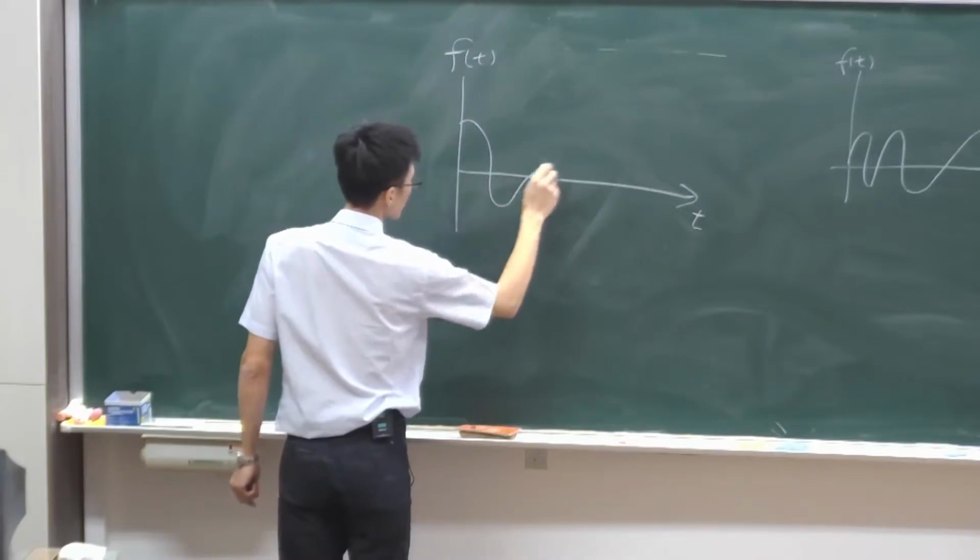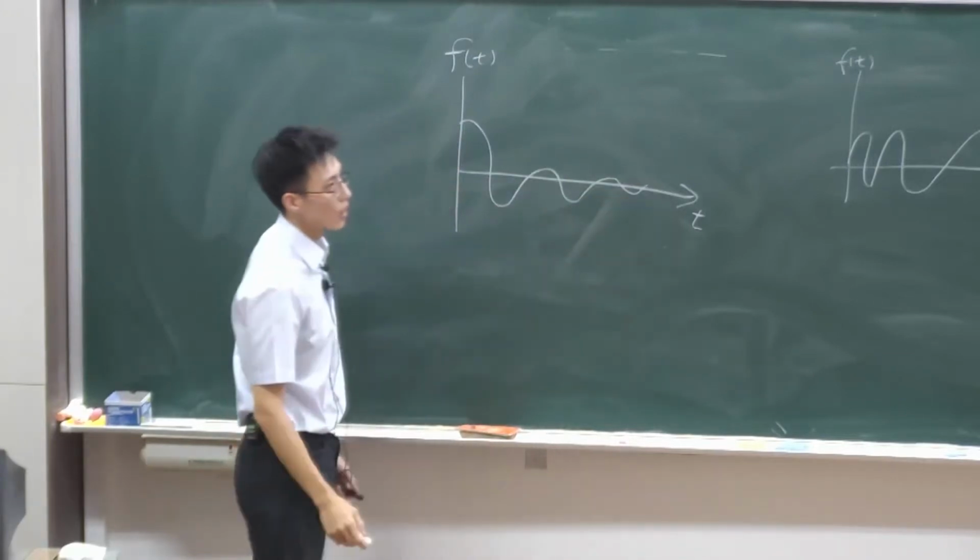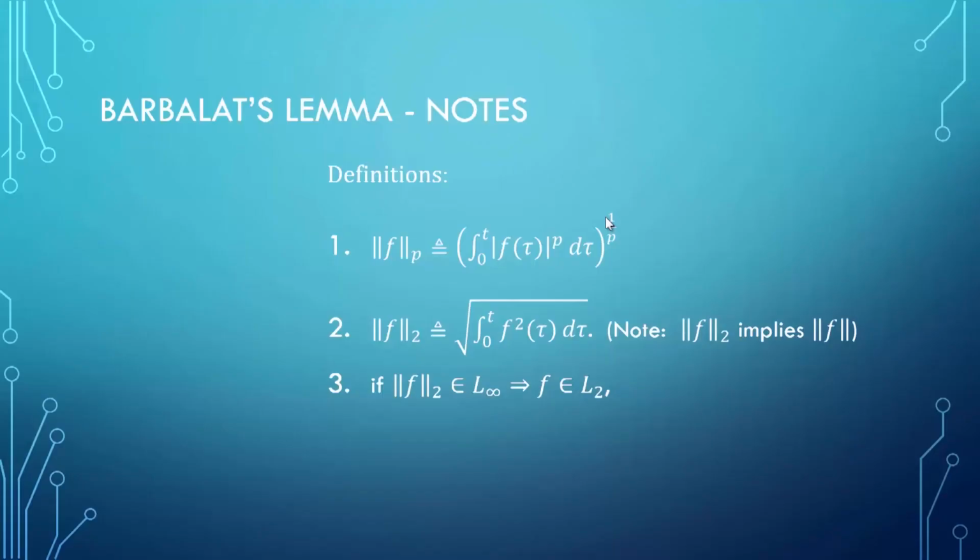If f is this function, what is this for p equal to 2?